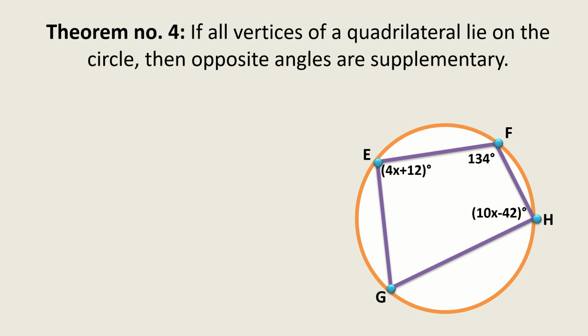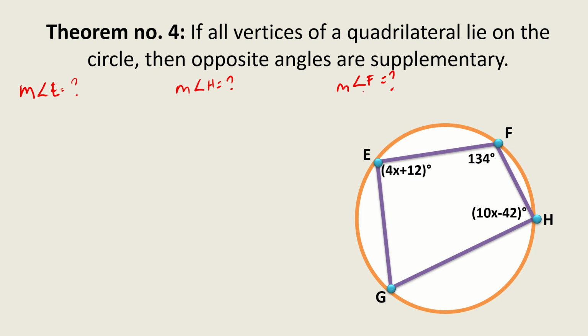So, dito po, ang hanapin natin ay si measure of angle E, si measure of angle H, at si measure ni angle G. So, unahin natin si measure ni angle G kasi pinakamadali na sa lahat, di ba? Ma-minus lang natin sa 180.